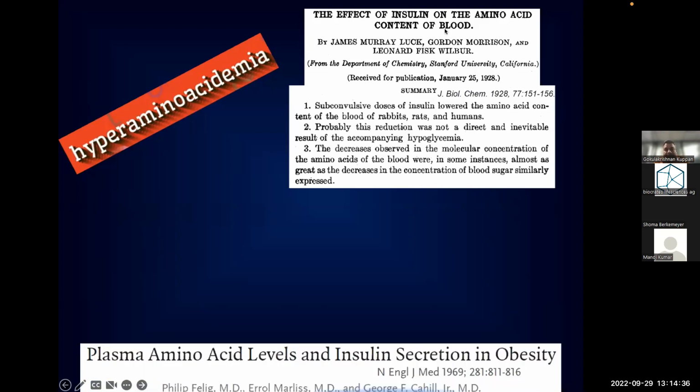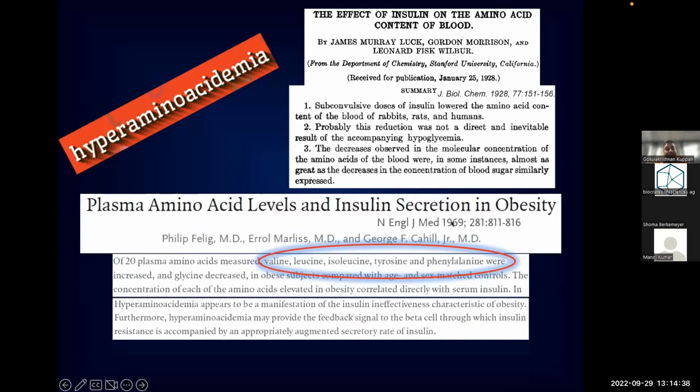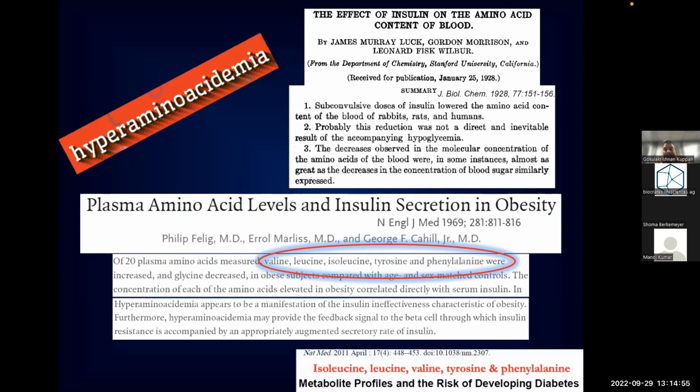After that, a paper published in NEJM in 1969 showed that 4 to 5 amino acids like valine, leucine, isoleucine, tyrosine, and phenylalanine were involved in insulin secretion during obesity. And finally, the Nature Medicine paper showed that the same 5 metabolites, isoleucine, leucine, valine, tyrosine, and phenylalanine, were validated, and it was published in 2011.